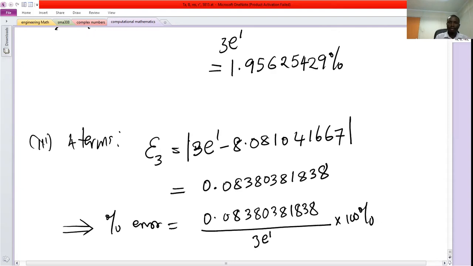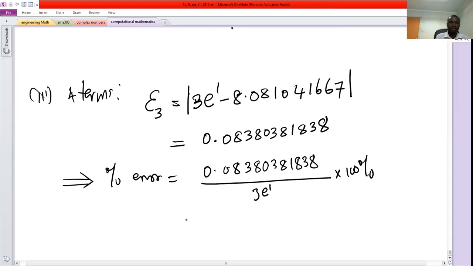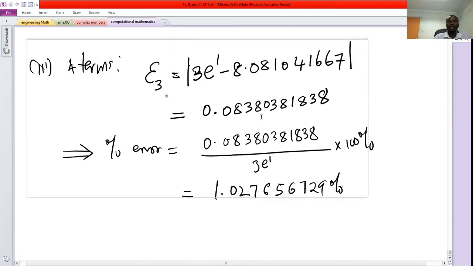When you carry out this computation, your answer will be 1.027656729%. You see the percentage has also reduced. The previous one was 1.9, here it is 1.0.